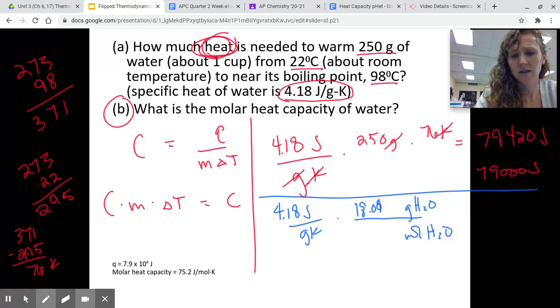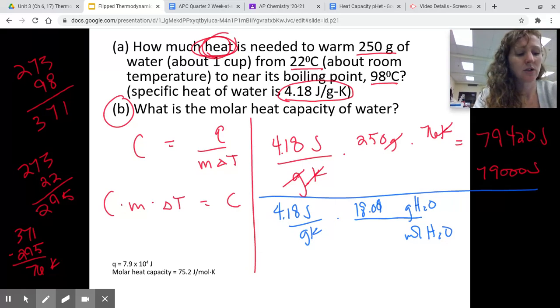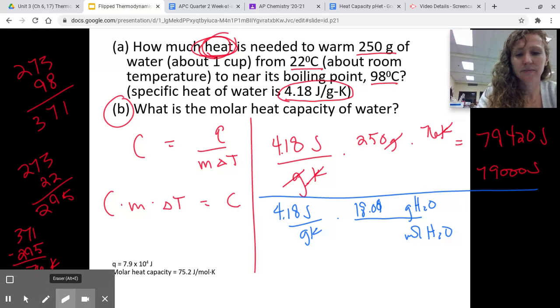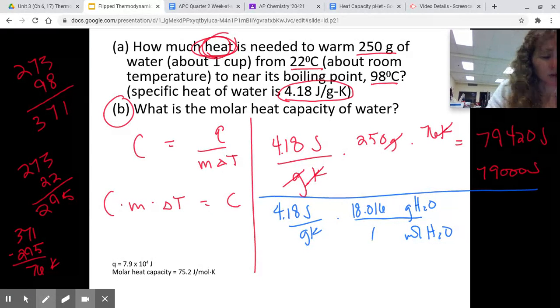I think it's 18.08, right? Oh no, 1.008 times 2 plus 16, 18.016 grams per 1 mole of water.